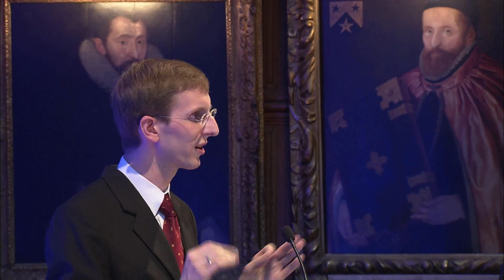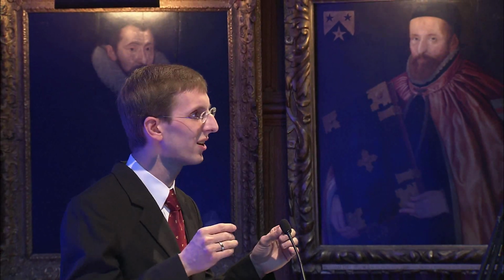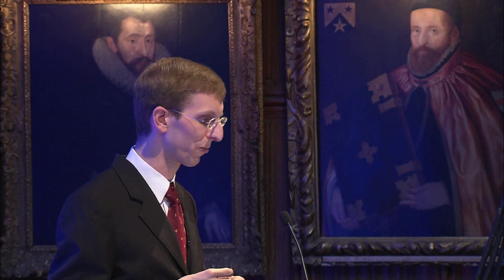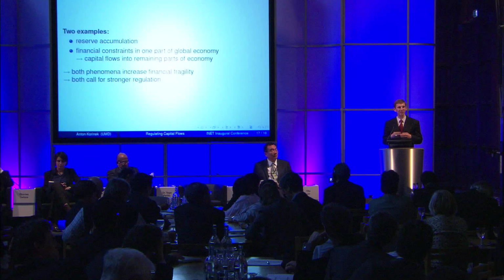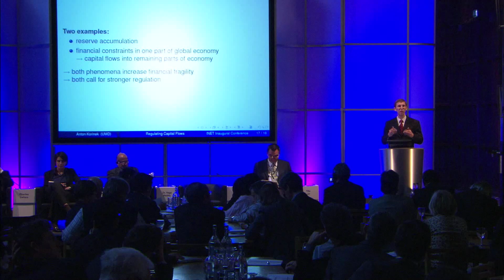And what we can see nowadays is that it is flowing vehemently into emerging market economies. So I think in the current economic environment, there is a great risk that these capital flows will increase the financial fragility of emerging market economies. And that should really be a strong call for more regulation of capital inflows.